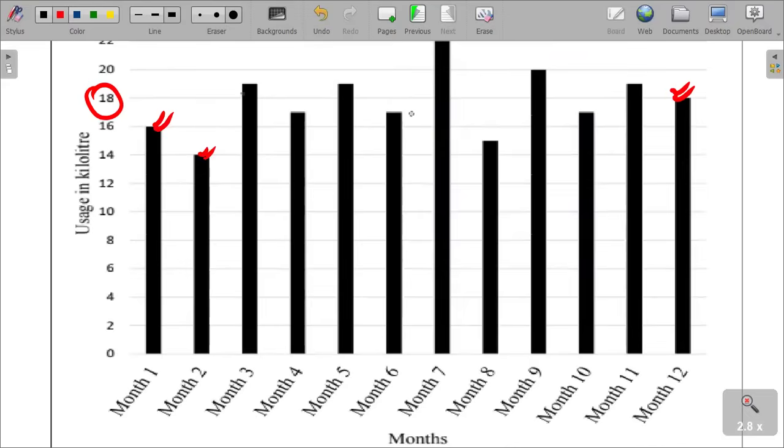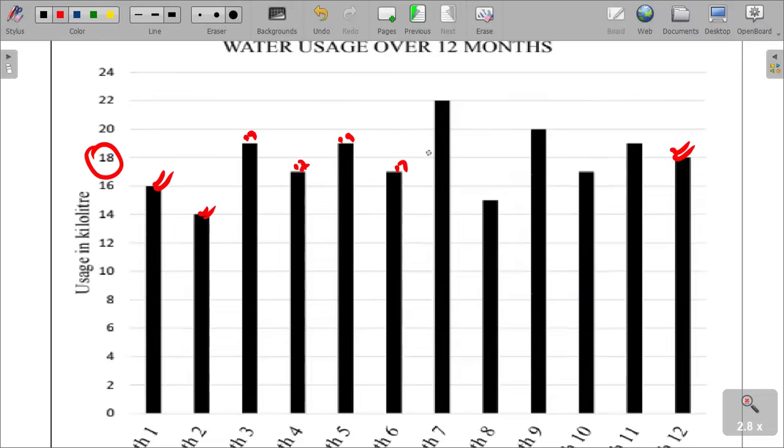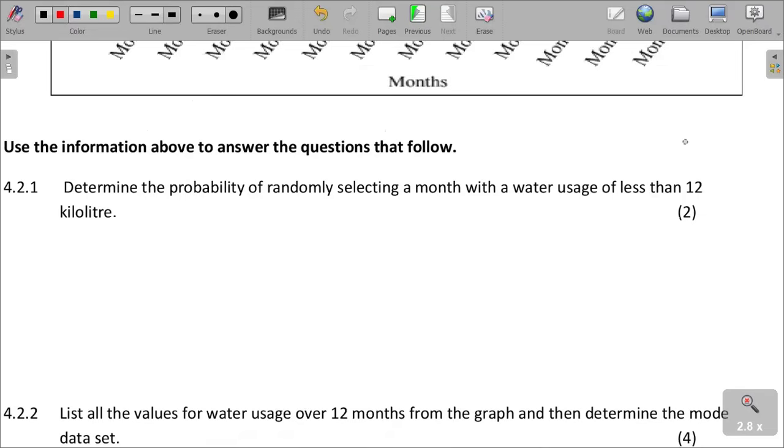We have got 14, 19, 17, 19, 17, and then 22, 15, 20, 17, 19, and the last one is 16. So these are the kiloliters that are given.